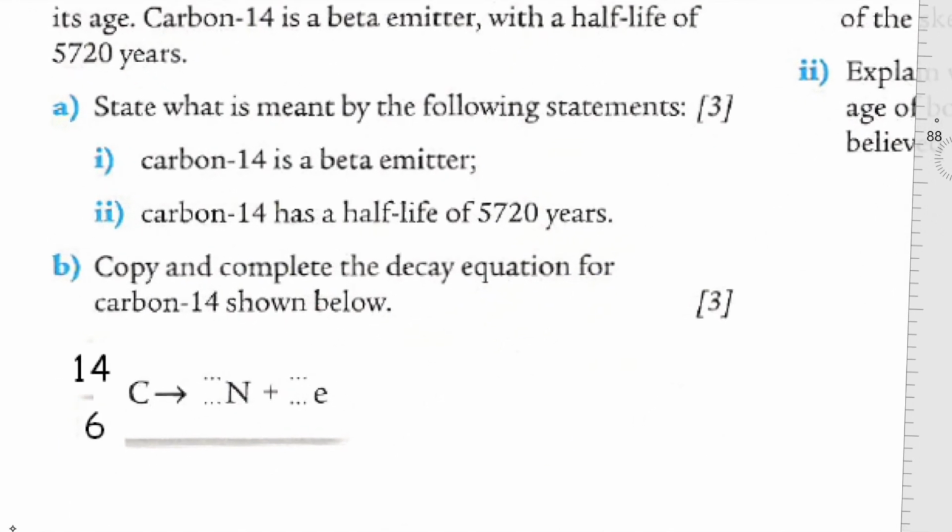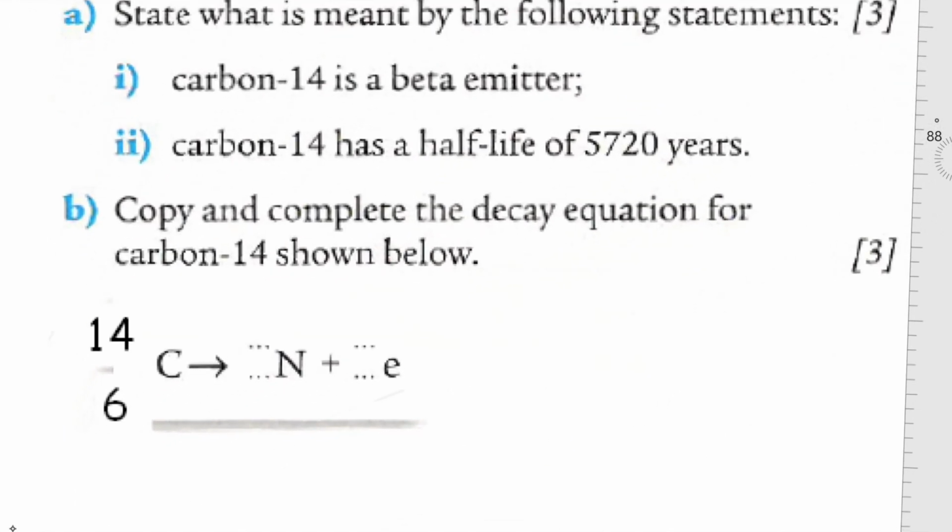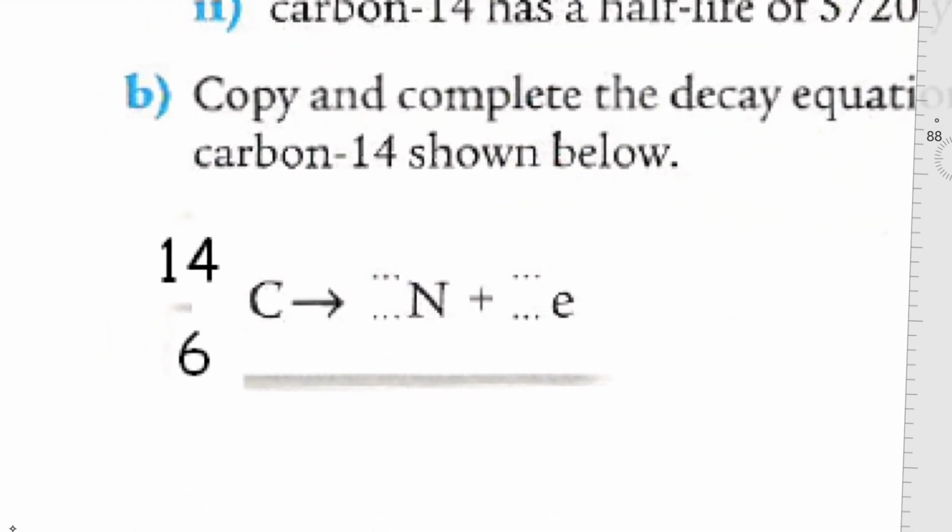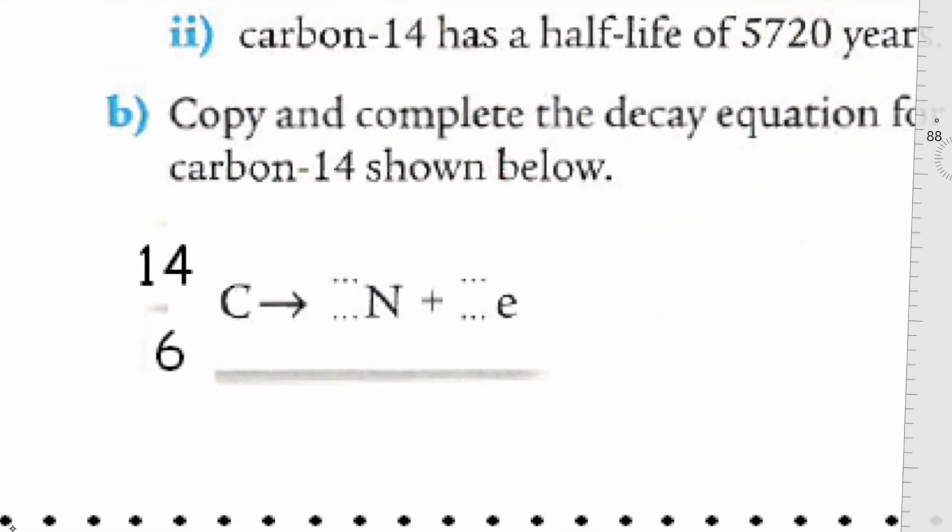Part B, copy and complete the decay equation for carbon-14. So rather than copy and complete, I'll write the answers here. So carbon-14 decays to nitrogen. Now, knowing that a beta particle is negatively charged, it's got a mass number of 0, will help you complete this, because the numbers on the bottom of both sides of the arrow have to be equal.